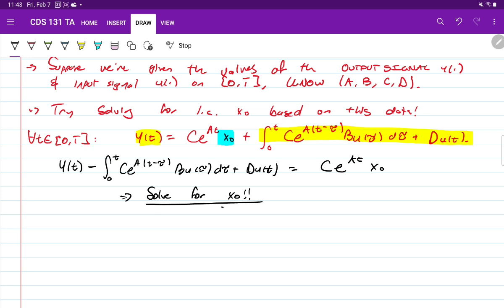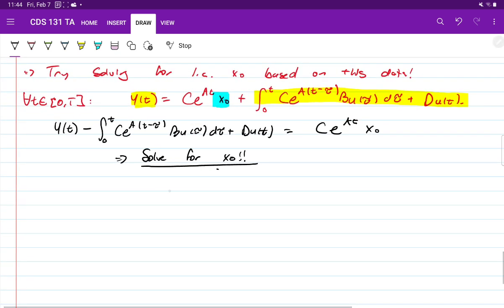Okay, so let's clean this up a little bit. Where might we start? We notice that the entire signal on the left-hand side is a big known quantity. So let's hide this whole signal behind a blanket, which I'll call ŷ(t).